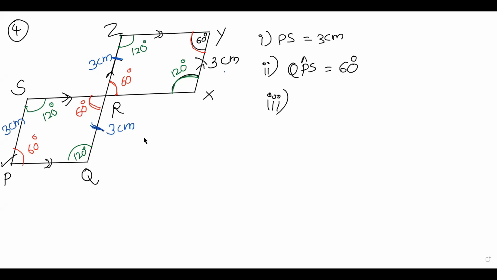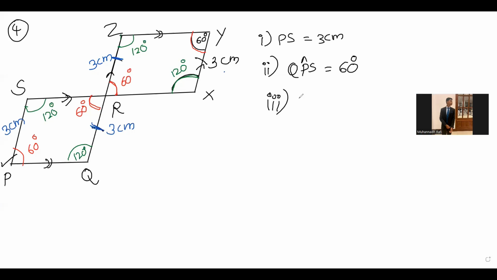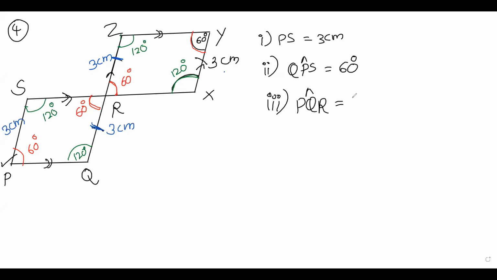And next, PQR, it is 120, no? PQR should be 180 minus 60, no? Allied angle, allied. So this one should be 120. You can get like that, only that much.